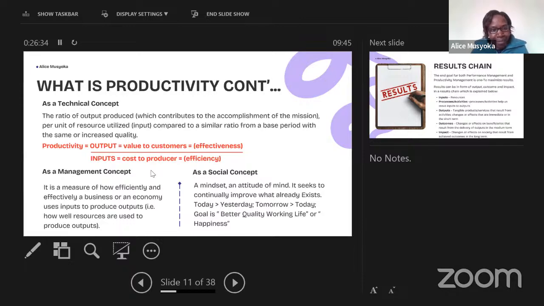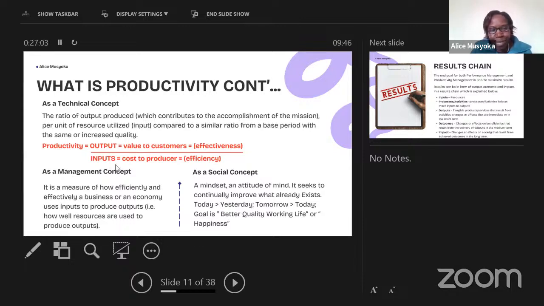So productivity equals outputs over inputs. Outputs divided by inputs. So we have to begin to ensure that our inputs are controlled, because if we don't control the inputs or the resources, then our goods or services end up becoming very costly and very pricey.